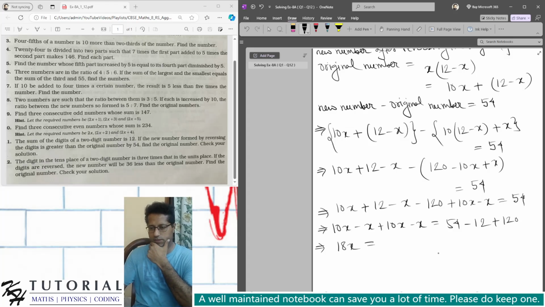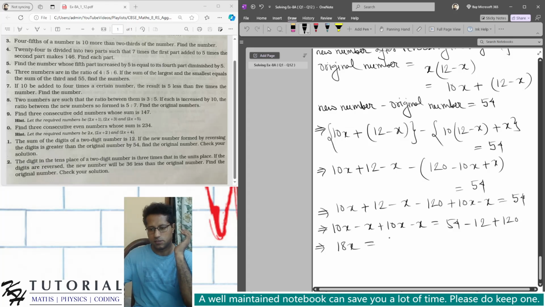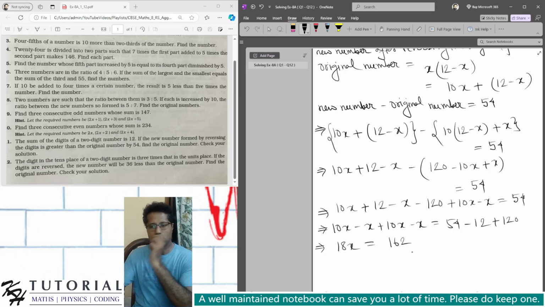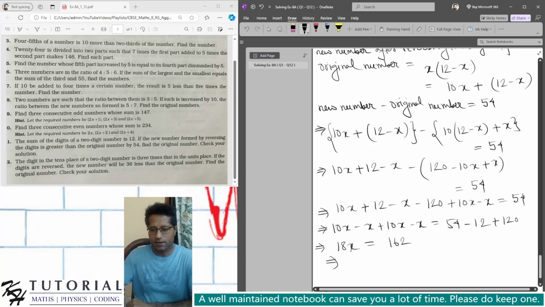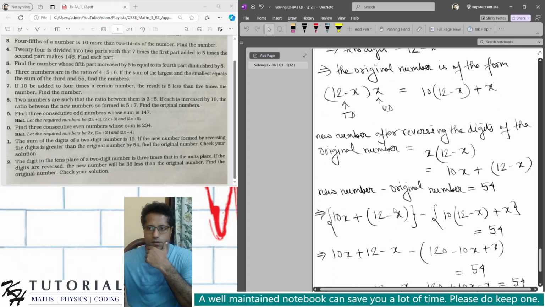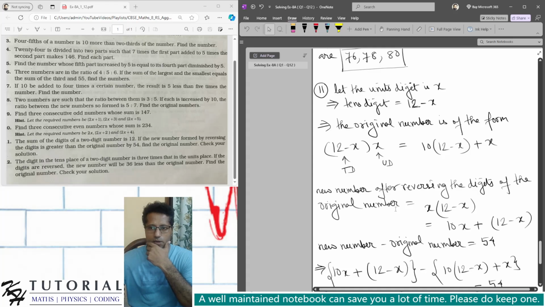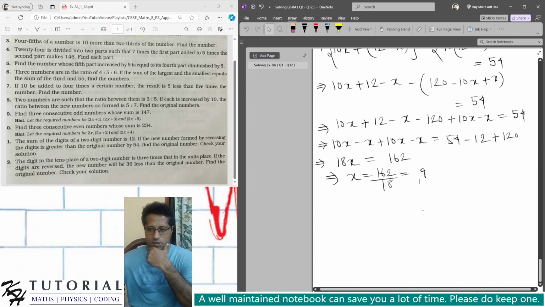54 minus 12 is 42, and 42 plus 120 is 162. So 18x is equal to 162, and therefore x will be equal to 162 divided by 18. I think it is 9. It is 9. So x is 9. That is, the units digit in the original number is 9.